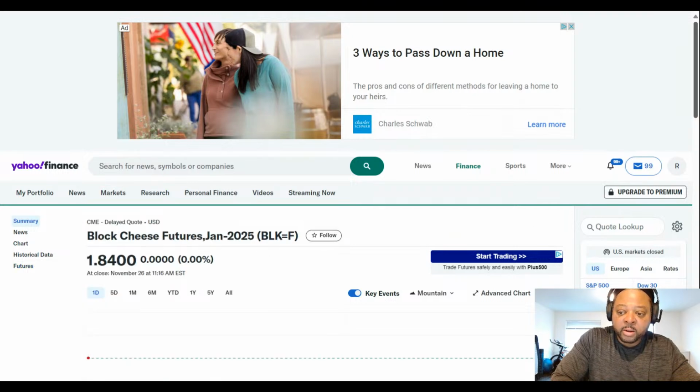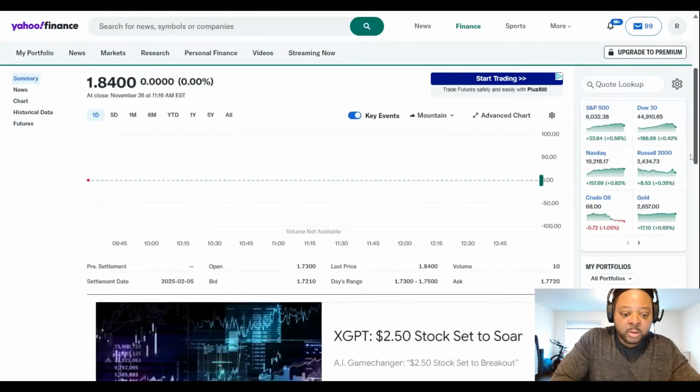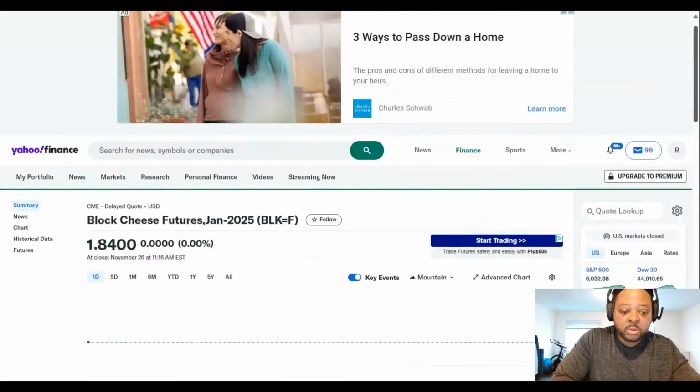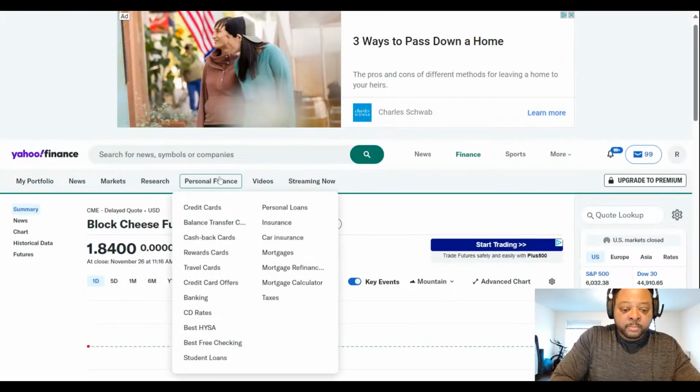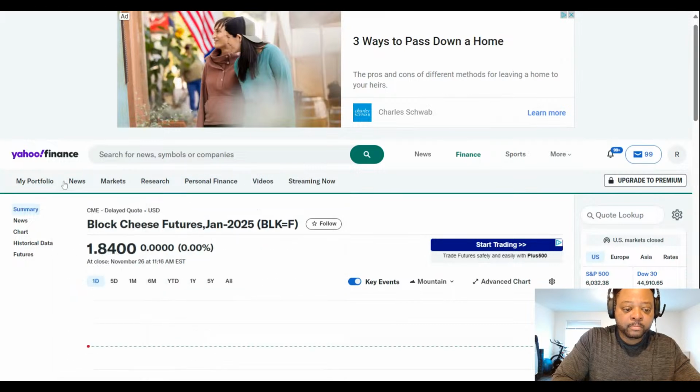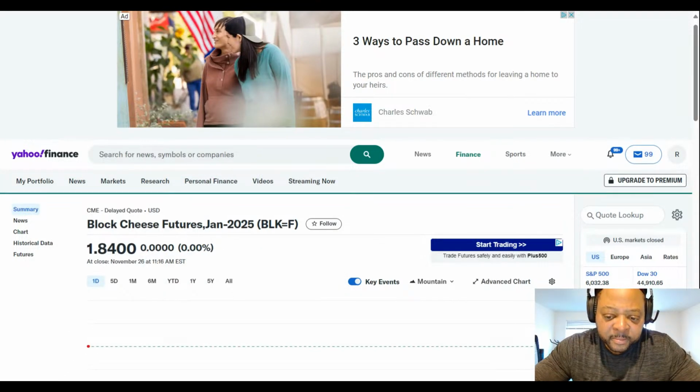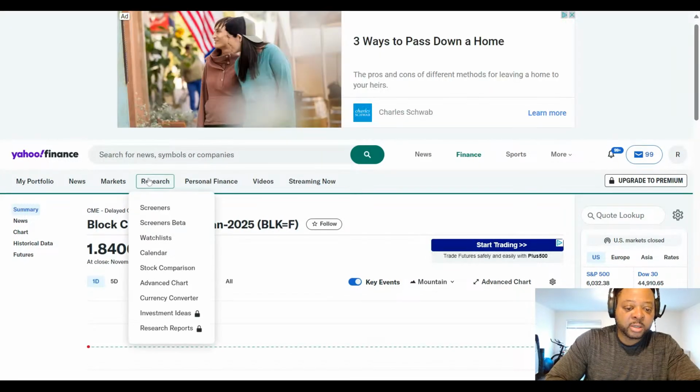Come on now. Don't do this. Okay, don't do this. I don't know if Yahoo just changed their stuff overnight or something. Hold on one second.